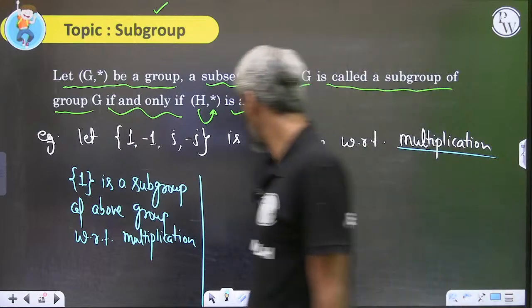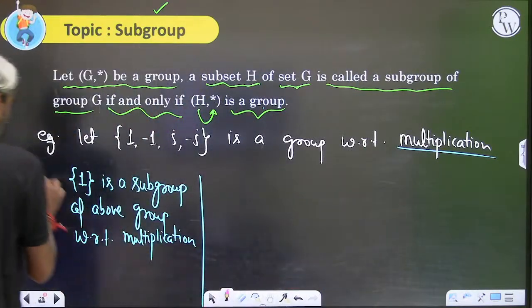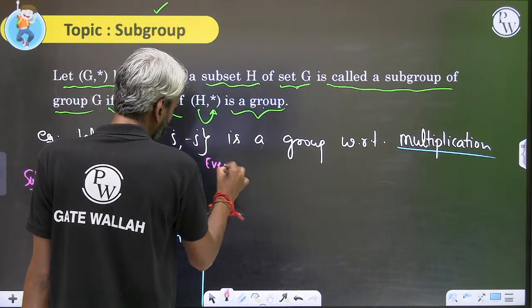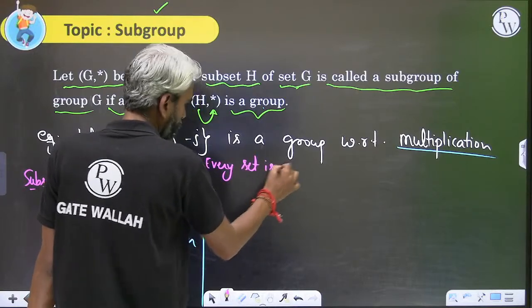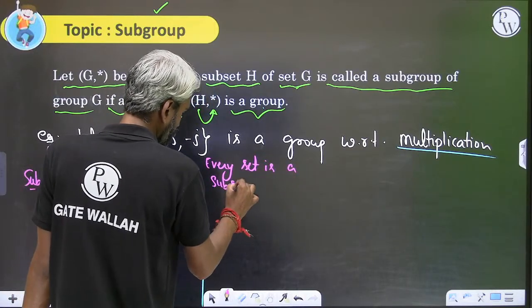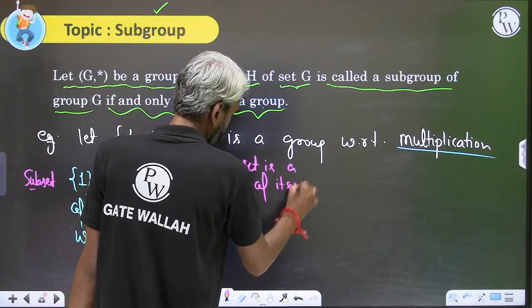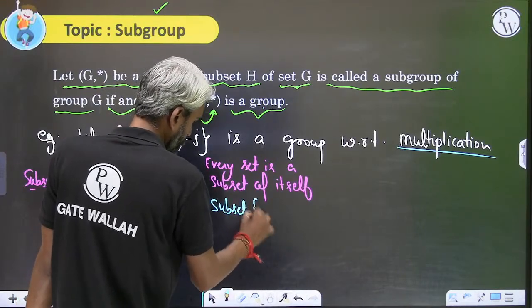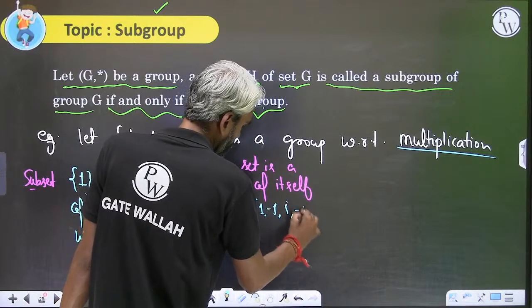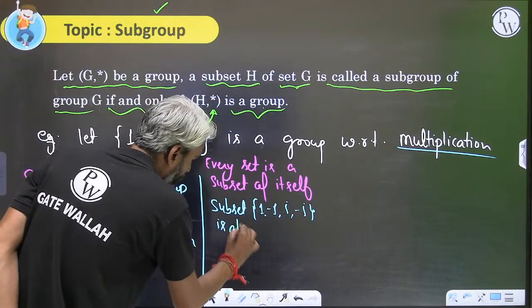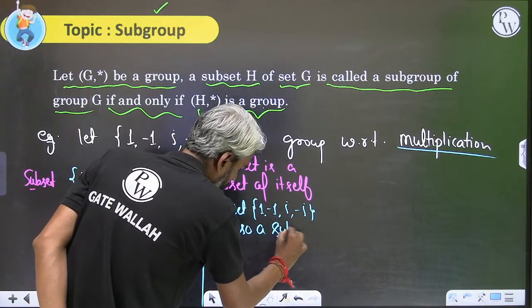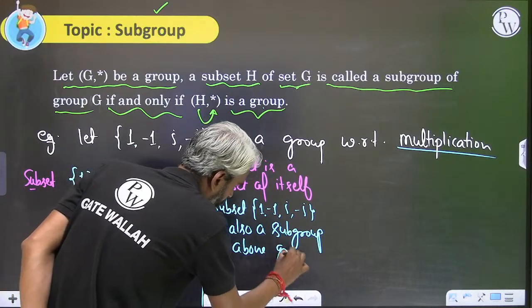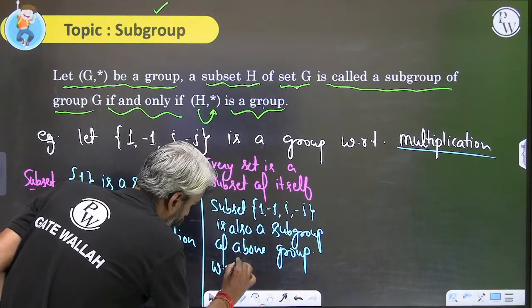So, the set 1, minus 1, iota, minus iota is also a subgroup of the above group with respect to multiplication.